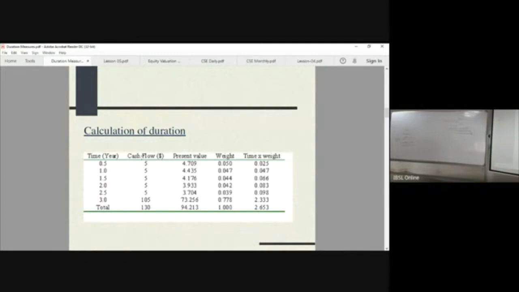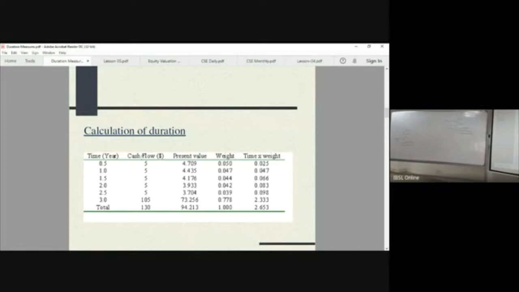If the coupon payment is 8%, the cash flow in the first half year is only 4. So you just do it and see. This is a type of exercise. Now you all should replace the coupon payment.